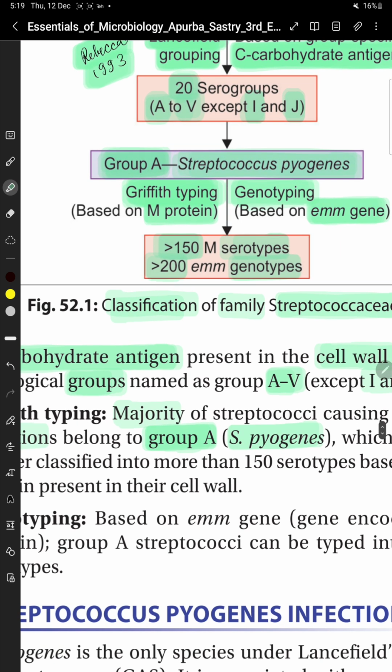That is further classified in Griffith typing into more than 150 serotypes based on M protein, and in genotyping into more than 200 genotypes based on M gene.